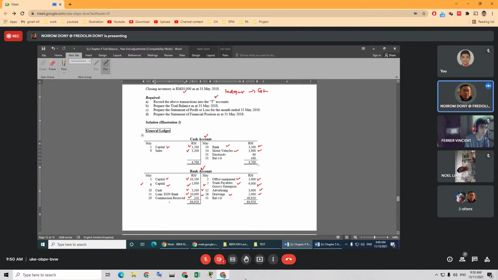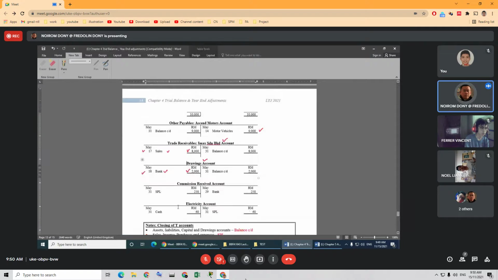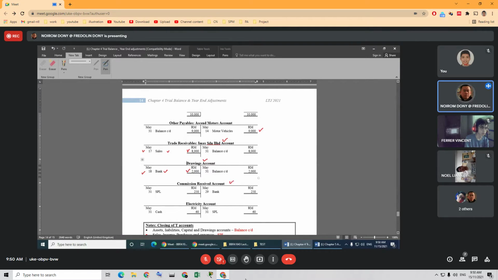We have not opened commission received, so we open up a commission received account, that is this one. And complete the double entry by crediting 250. And the particular, you write down the heading of the account that is being debited, so bank. And the date, May 29.